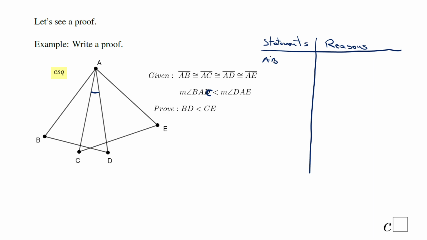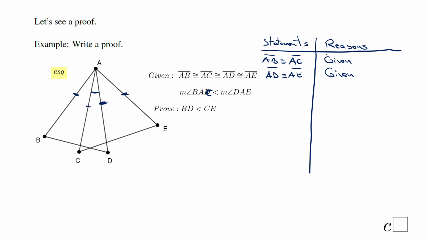AB congruent to, let's say, AC. This is given. Then we have AD congruent to AE. And again, it's given.